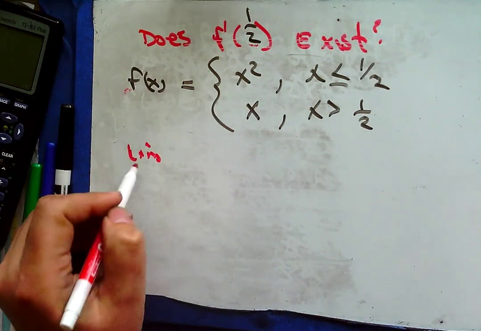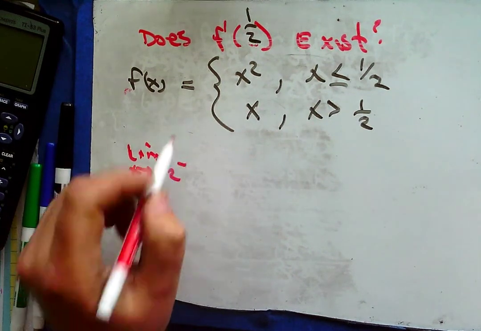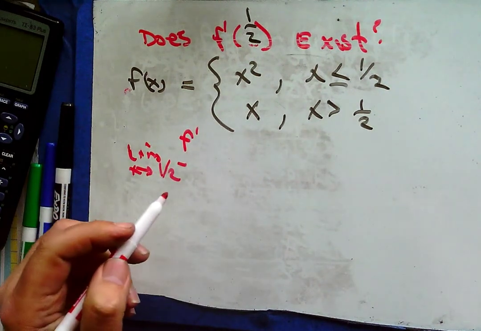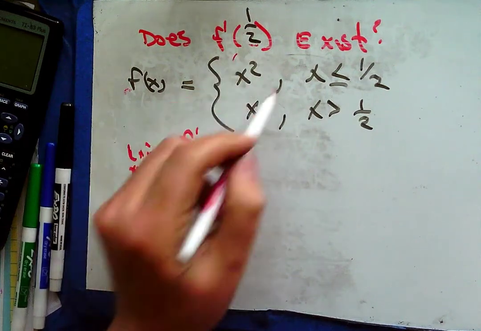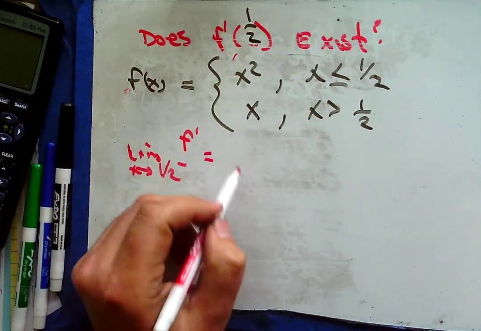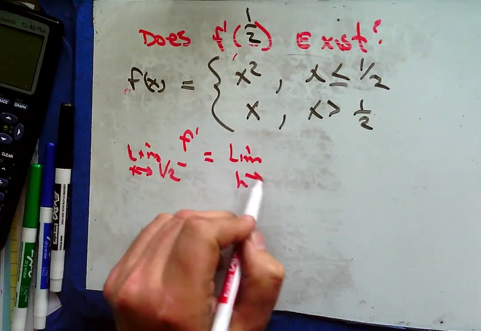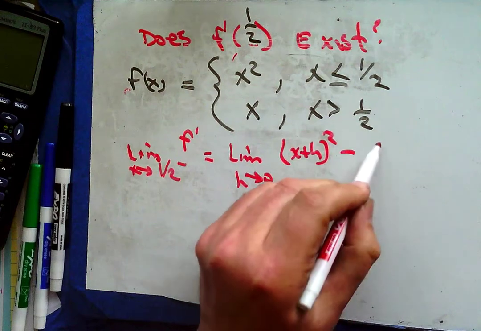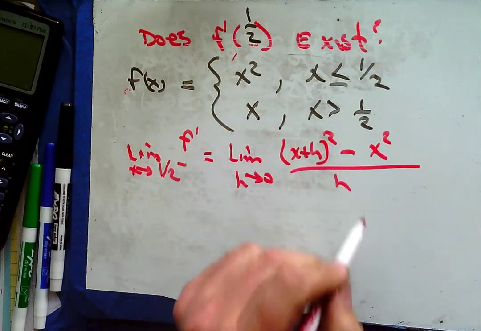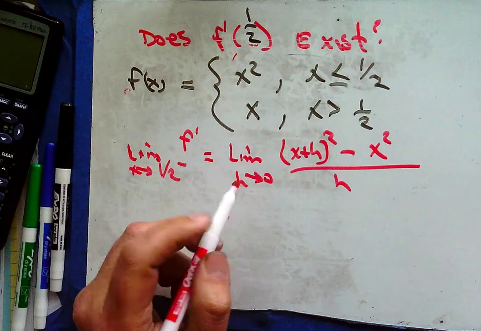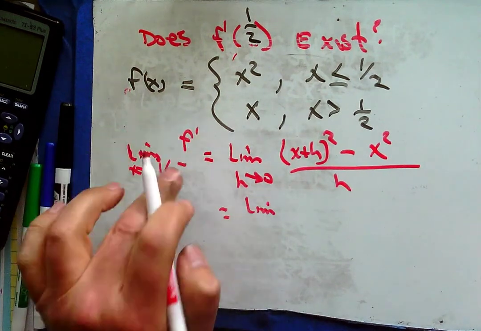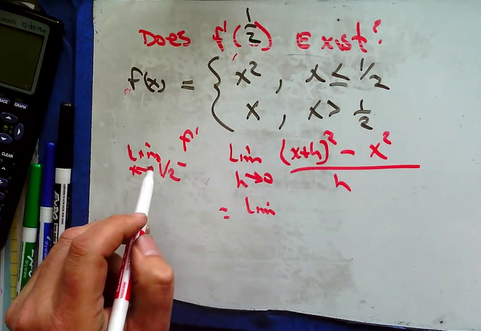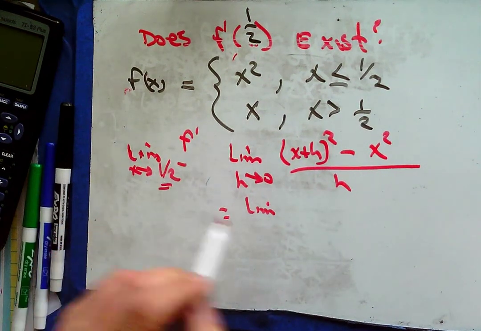The limit as x approaches 1/2 from the negative side of the slopes. What's the limit of the slopes going to be coming from the left? It's going to be the derivative of this, which is going to be the limit as h heads to 0 of x plus h squared minus x squared all over h. Ooh, that's a linkage error, because this is the general derivative, and I'll need to plug 1/2 in.